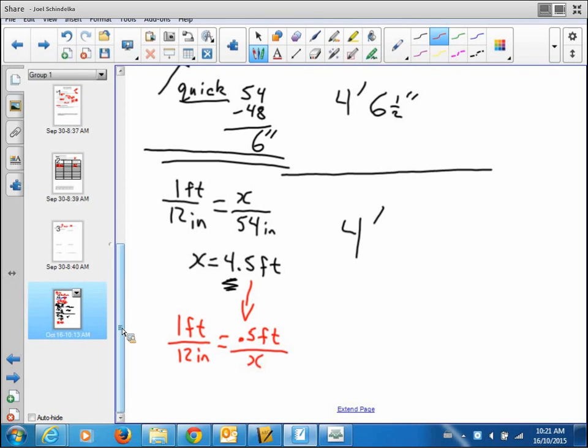How many inches is that? So you go 0.5 times 12, divide by 1. And that little x is 6 inches. You come up with the same answer with more work. That's where the 6 comes. 6, and then remember there was a half on the original thing. 6.5 inches.